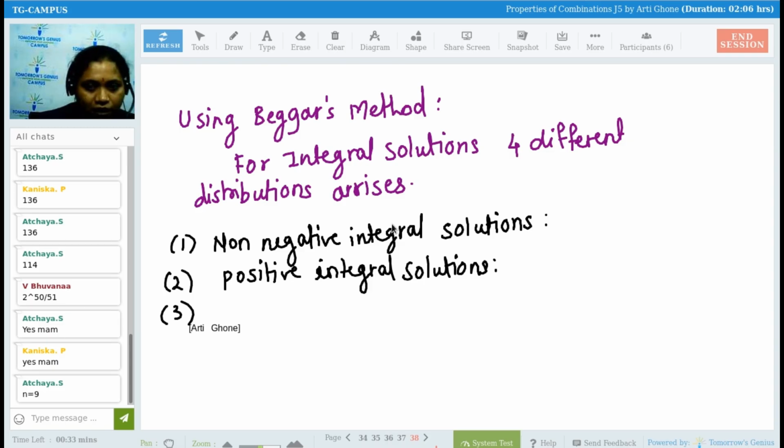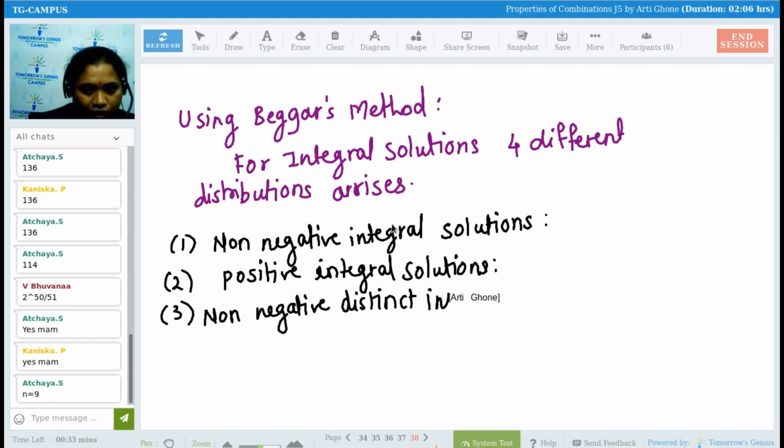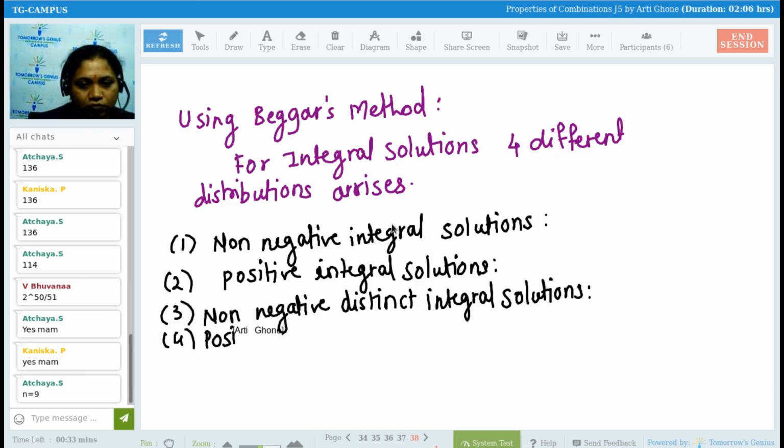Okay. Third thing, non-negative distinct integral solutions. And fourth thing, positive distinct solutions.